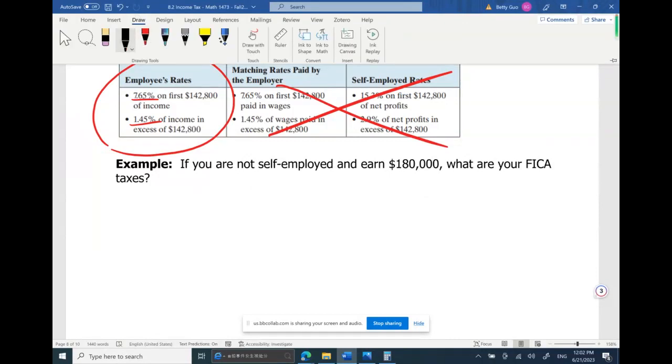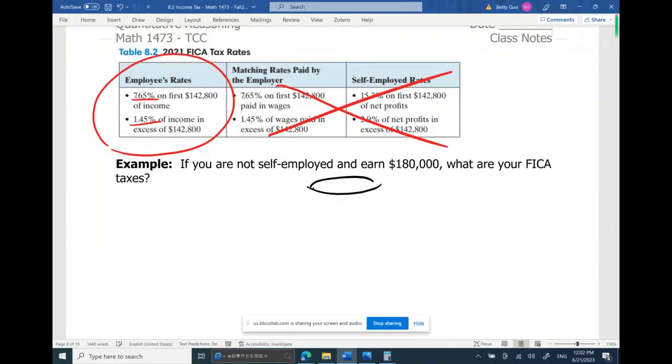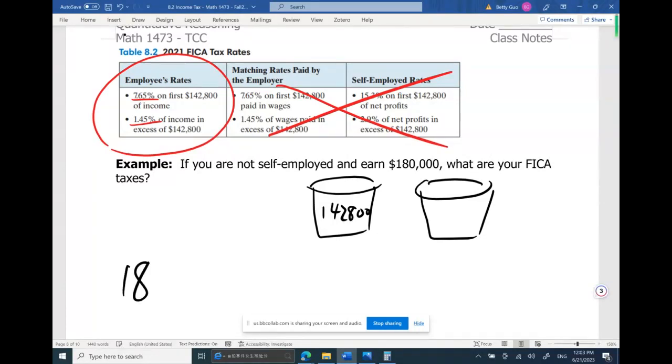We are going to use the bucket to demonstrate that again. This time, the two buckets are going to contain all your gross income. The first bucket is going to have the first $142,800, and the second bucket is the rest of the money. We are going to use 180,000 minus 142,800.